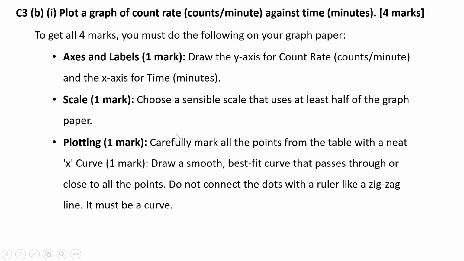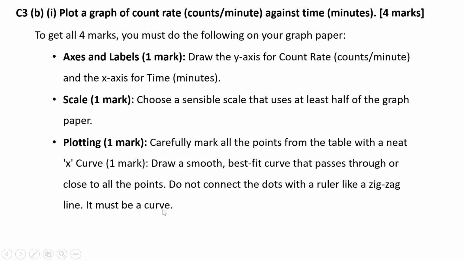Then you need to plot. Plotting itself is 1 mark, where you carefully mark all the points from the table with a neat X. Usually it is X, or a dot is also allowed. Then you draw a smooth best fit curve that passes through or close to all the points. You do not connect the dots with a ruler like a zigzag line.